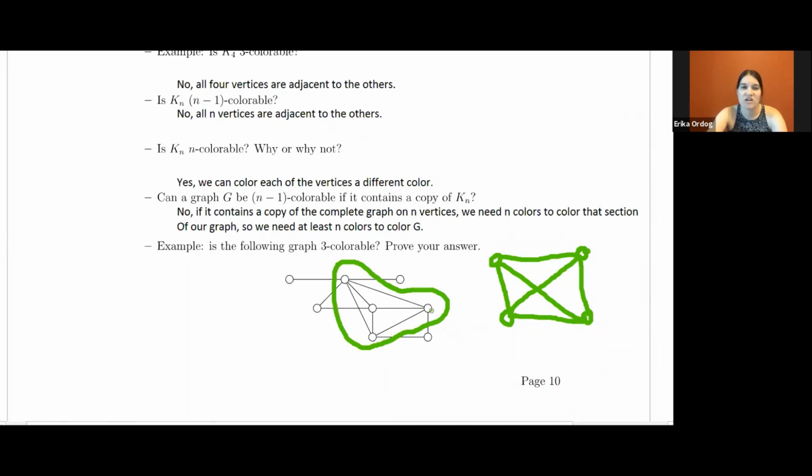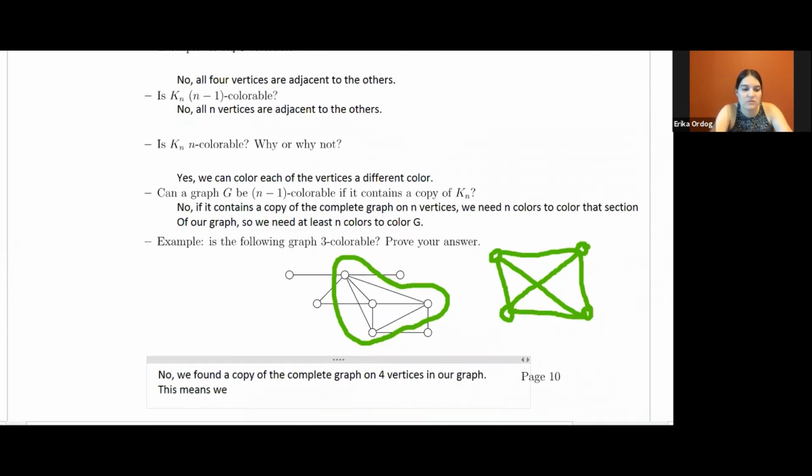Meaning we need 4 colors to color this part, which means that this graph does not have a 3 coloring. So that's our proof by finding this copy of K4 in the graph. It proves that it's not 3 colorable. No. And it's because we found a copy of the complete graph on 4 vertices in our graph.